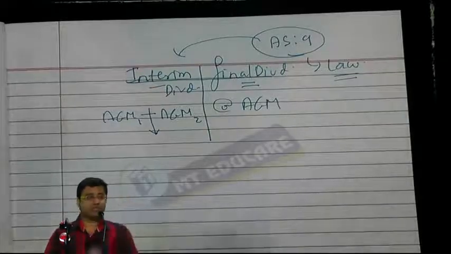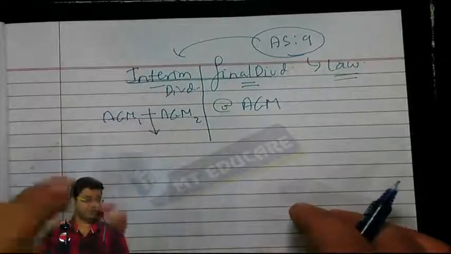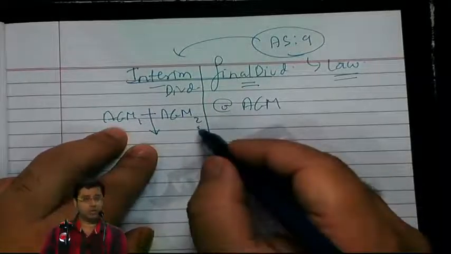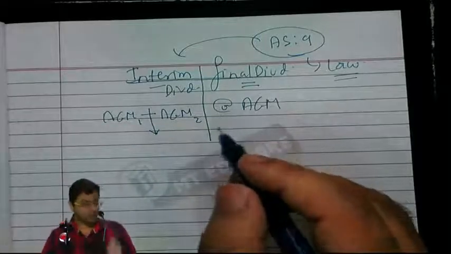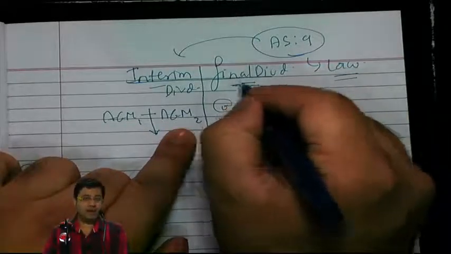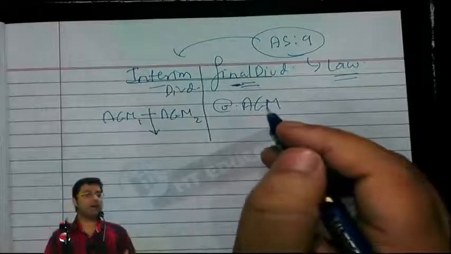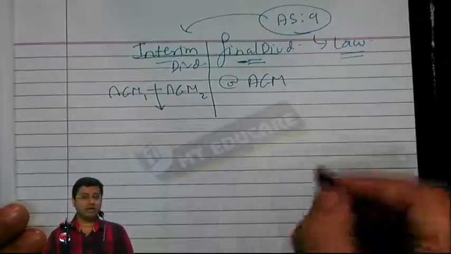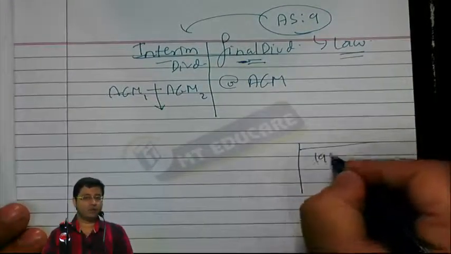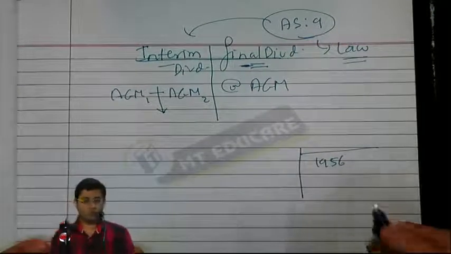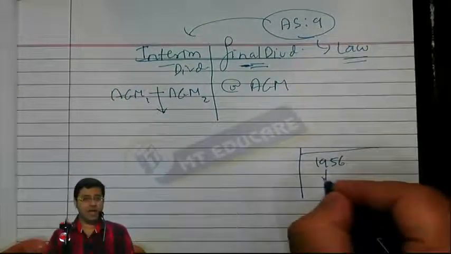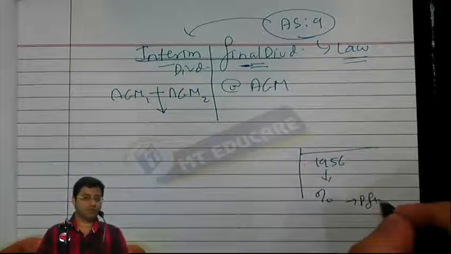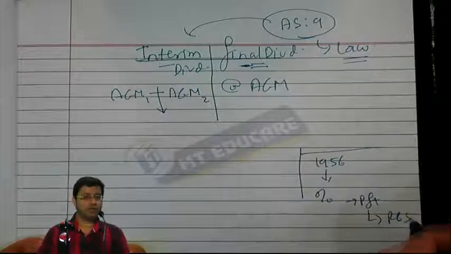Now I will give you two examples to tell you when this can happen. Suppose the company wanted to pay dividend to the shareholder earlier than the AGM. It is possible that the company can pay final dividend earlier than the AGM, because of the rule now. Earlier, in the old Companies Act 1956, whenever companies paid dividends to the shareholders, they first had to transfer a certain percentage of profits to reserves and surplus.